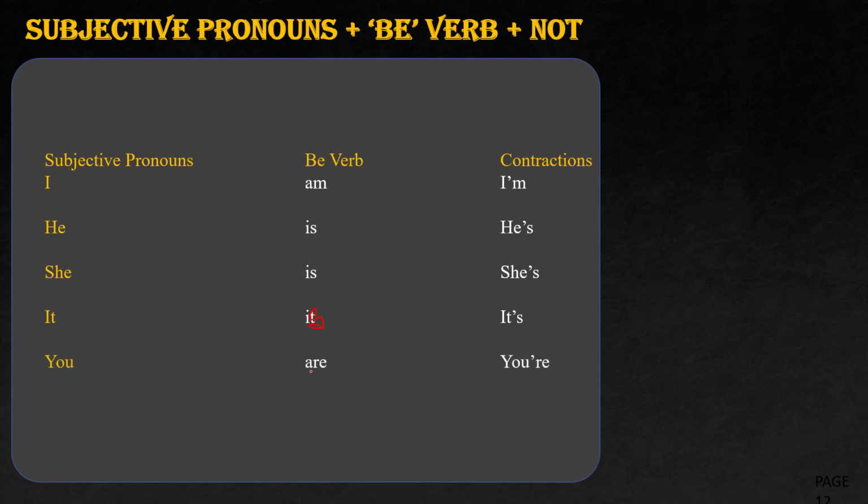You are, you're. We are, we're. They are, they're. Right? Now we'll try to create simple sentences by using these contractions.